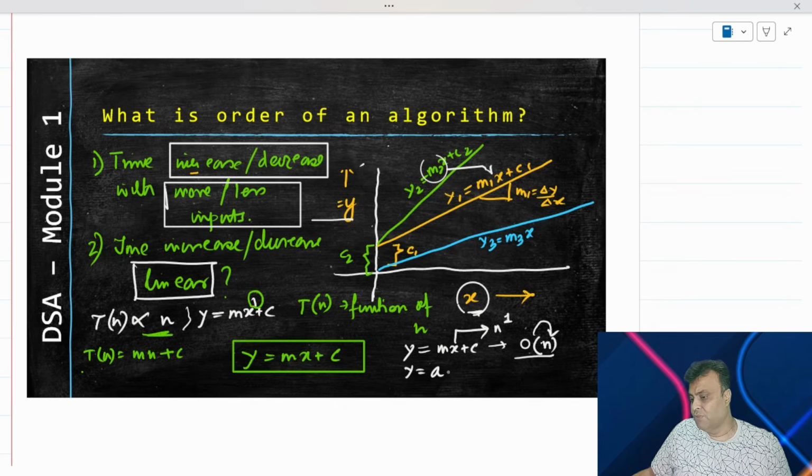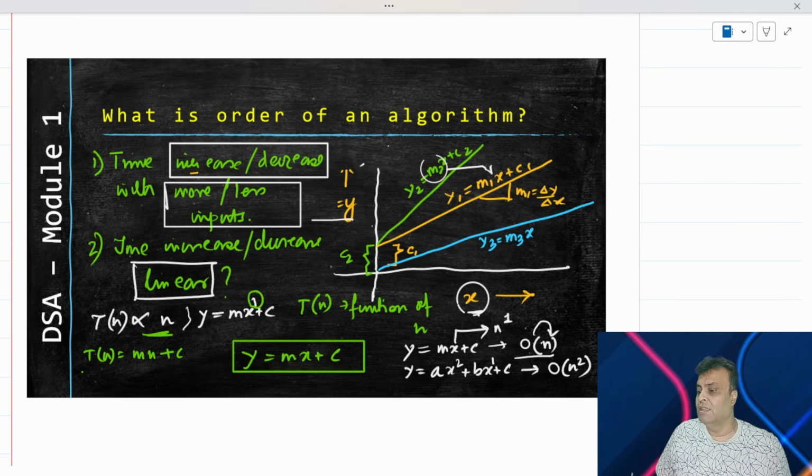If I have y in this format, let's say ax square plus bx plus c, then we have a quadratic equation. So can I say here that this has order 0 of x, this has order 1, here we have order 2 of x, and the highest order is 2. So can I say that this will execute as an order of n square, right?